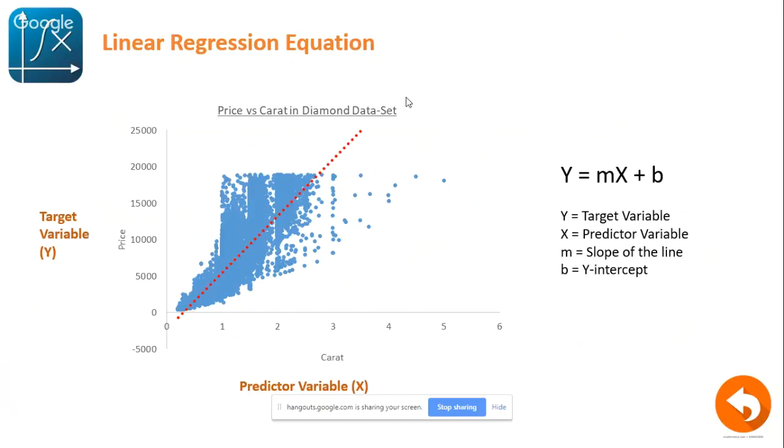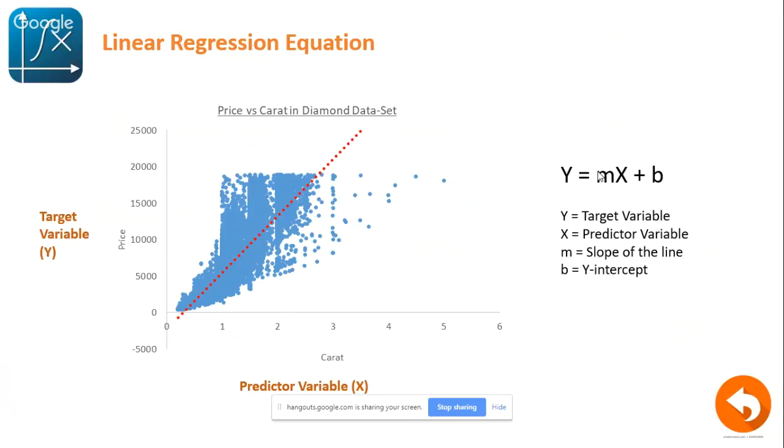To explain the equation, I used price and carat data from the diamond dataset. The equation for the linear regression is y equal mx plus b, where y is the target variable and in our case the price. X is the predictor variable and in our case carat.